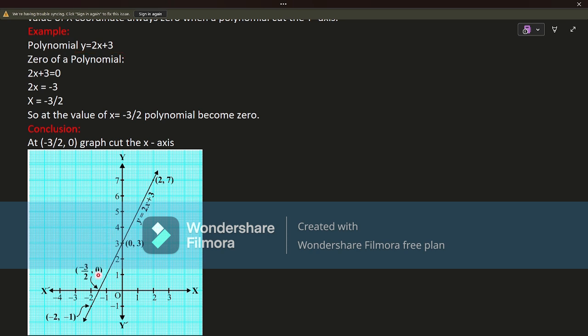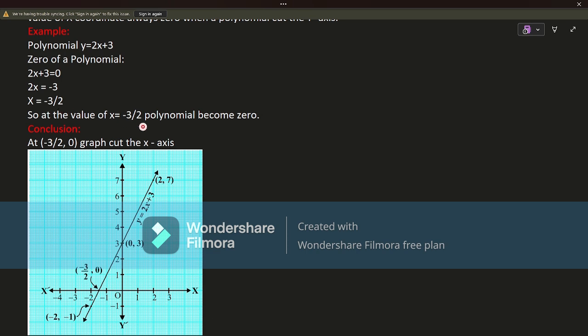So -3/2 is the zero of the polynomial. We know that if the y coordinate of any point on graph paper is 0, we can say that it is on the x-axis. See, solve this expression and conclude that x equal to minus 3 by 2. So the x coordinate is minus 3 by 2.